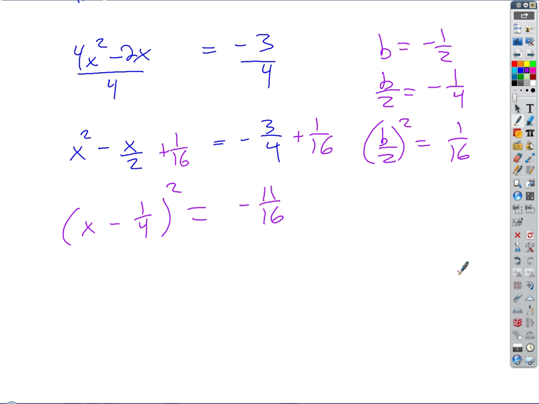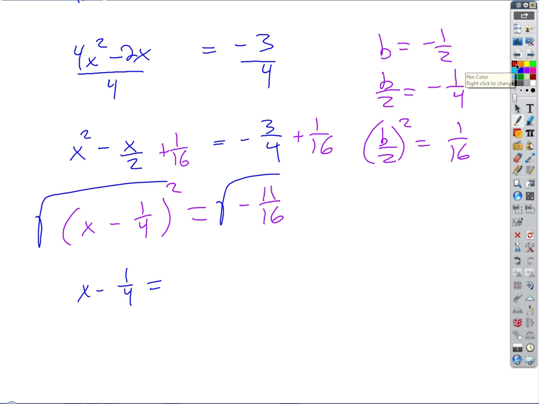First thing I would do would be square root, if we're working backwards. You've got to square root both sides. And that's going to give us x minus 1/4 equals what? Square root of negative 11/16.